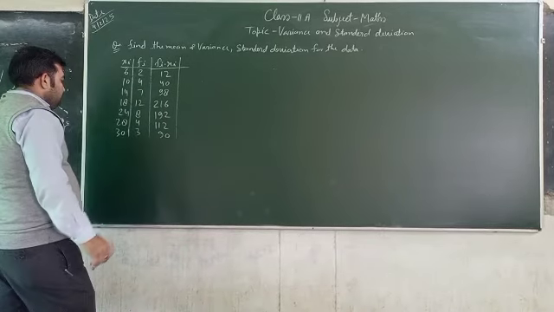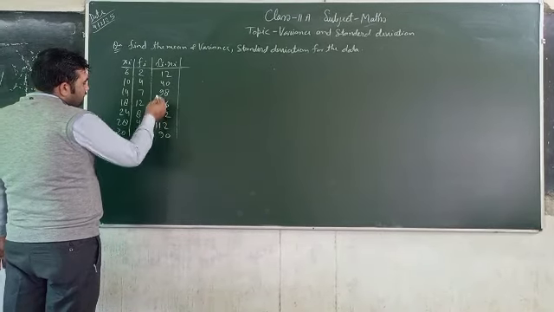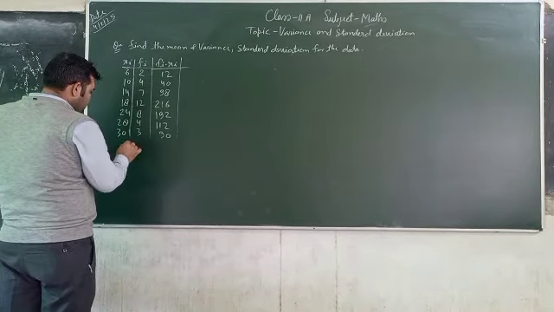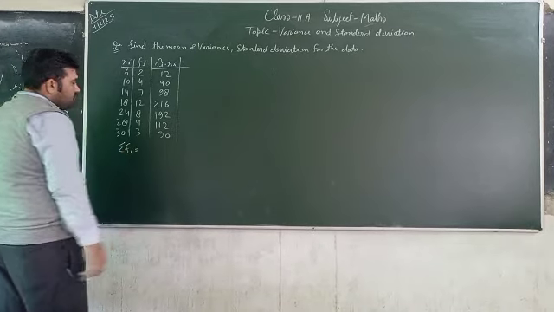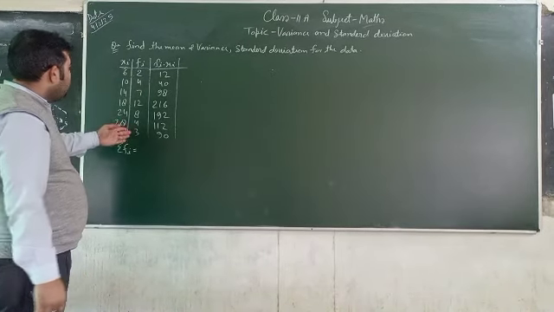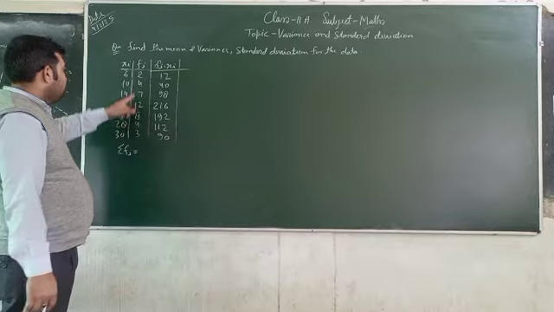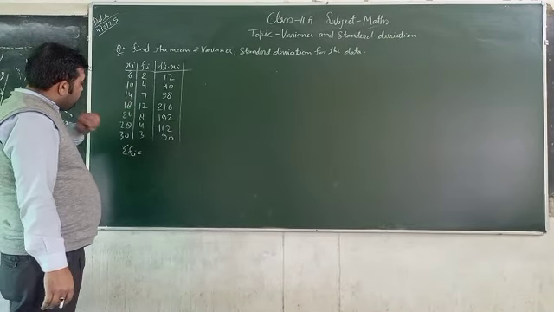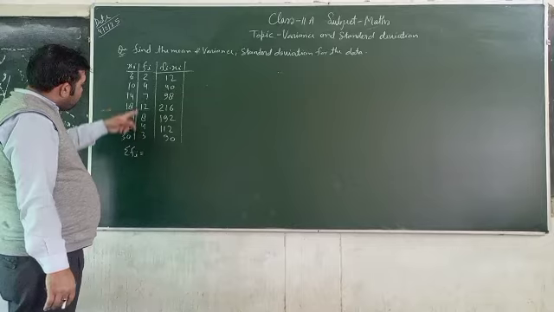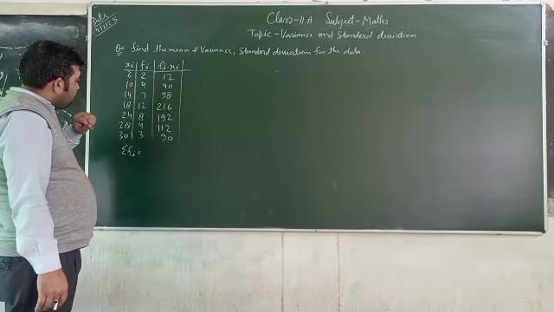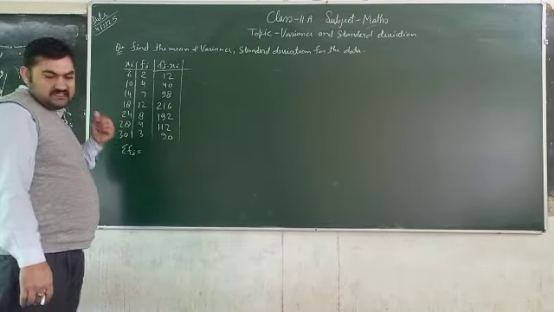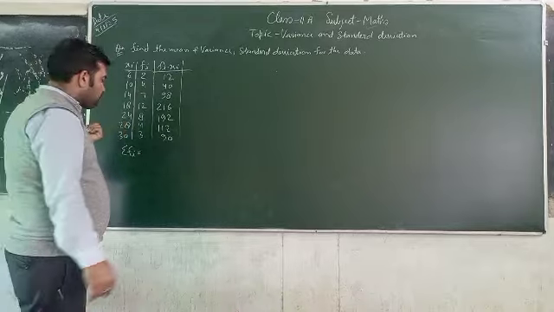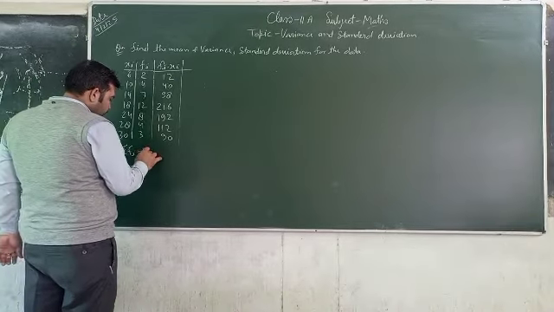Summation fi into xi has been calculated. Summation fi: we have to add all these entries. 8 and 2 is 10, and 10 makes 20, 30, and this is 40, sum that is 40.